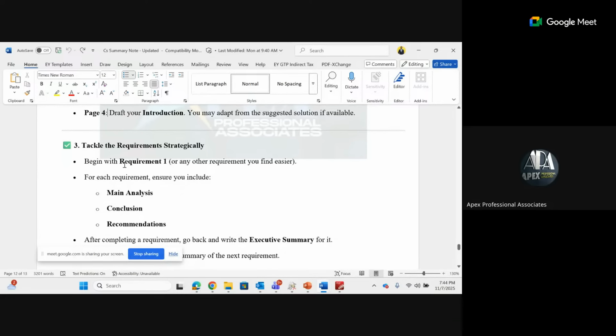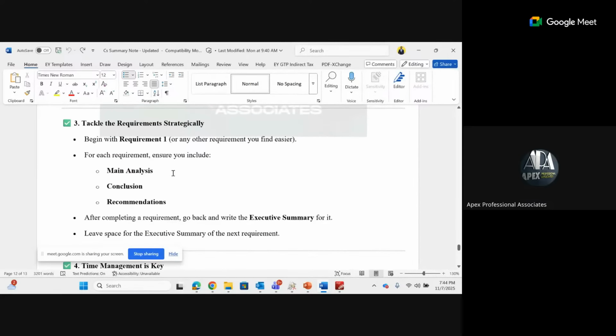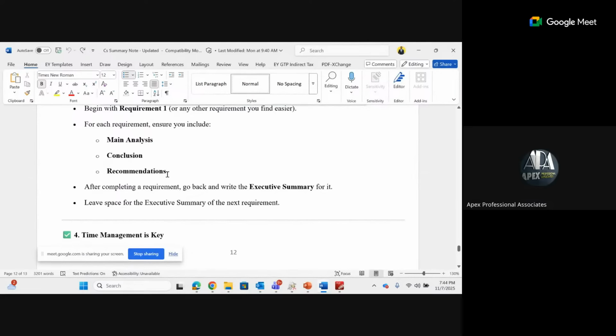Begin with requirement 1 or any other requirement you find easier. For each requirement, ensure you include main analysis, conclusion, and what? Recommendation. After completing a requirement, go back and write the executive summary for it. Leave spaces for the executive summary of the next requirement.